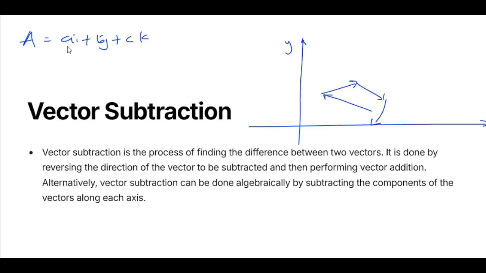When you see these I, J, K, they represent the different vector components. Let's say that is for A, and we have B equal to PI plus QJ plus RK. For vector addition, you just join the I components together.